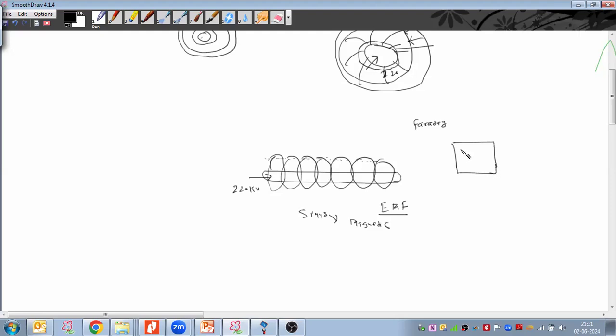The whole transformer works on the Faraday induction principle. You are applying power to the primary winding, and here we have the secondary winding. So what is happening? Through induction only, the voltage is generated, right?